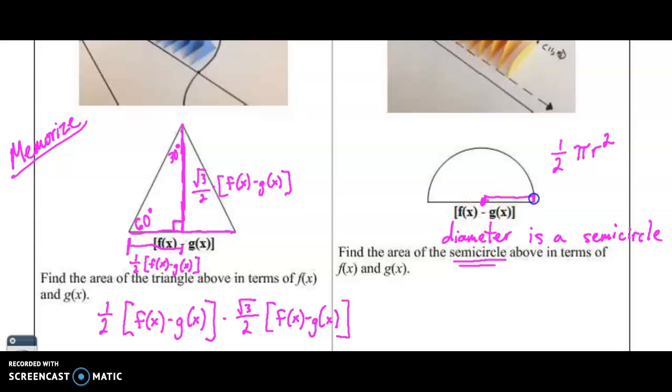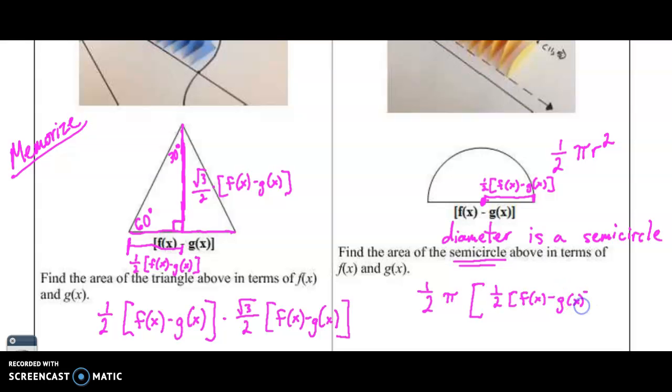Well, what's the radius then? The radius is 1/2 of f of x minus g of x. So if you go through that formula, we're looking at 1/2 pi, and the radius is 1/2 f of x minus g of x.